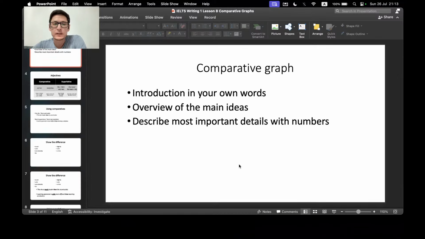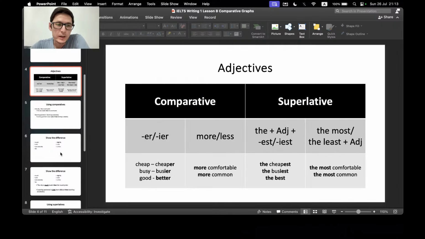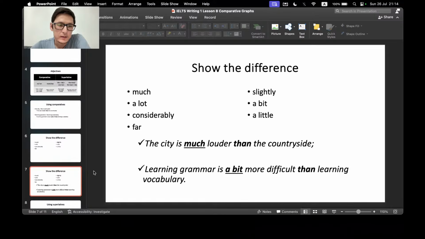Like, the graph compares the number. The graph shows the number of people who did something, took books from the library, and the pie chart shows something, and so on. Okay, so there you have to compare. You have to say how much the difference is, and so on.